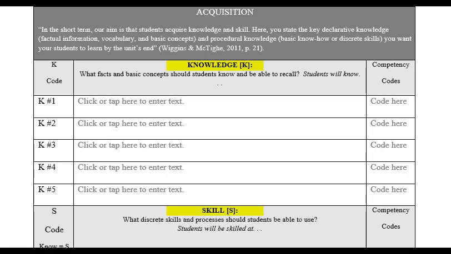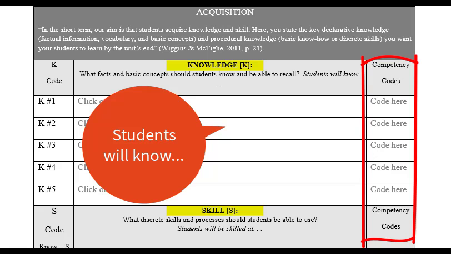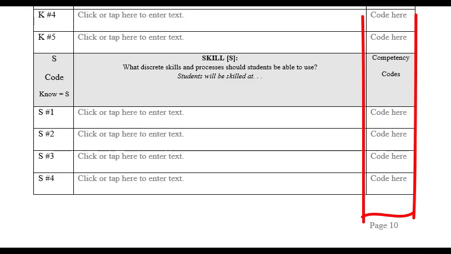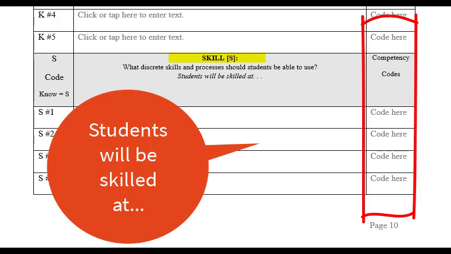And when we're looking at knowledge, again, we have our competency codes here on the right. But when we write these out, we want to say students will know something. So what is that basic concept or fact that you want your students to know? And then below that, we have our skills. What are the basic skills students should be able to learn or use throughout the lesson and at the end of this lesson?